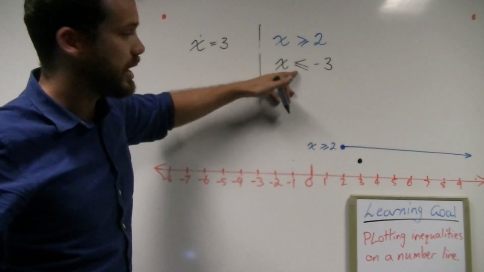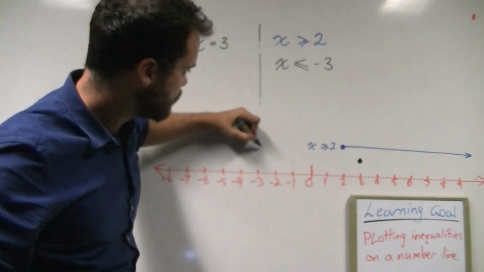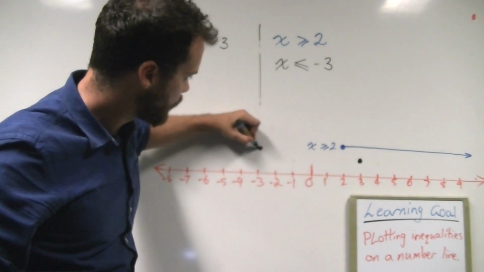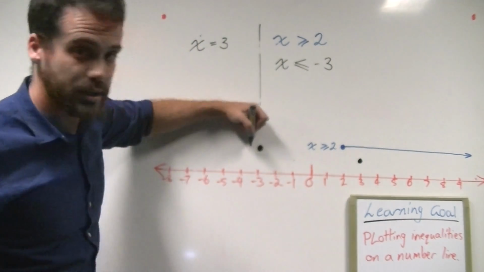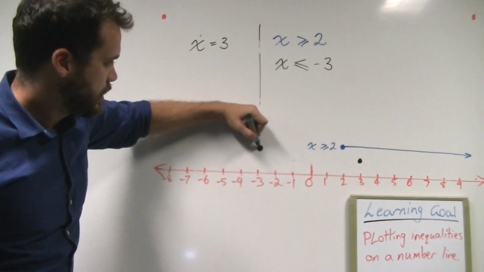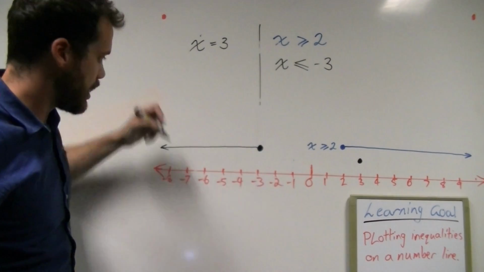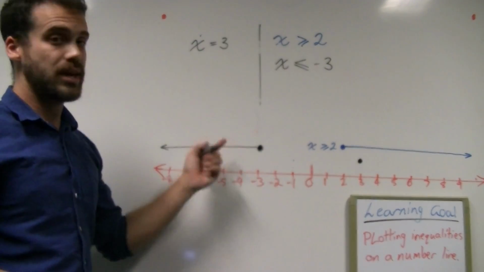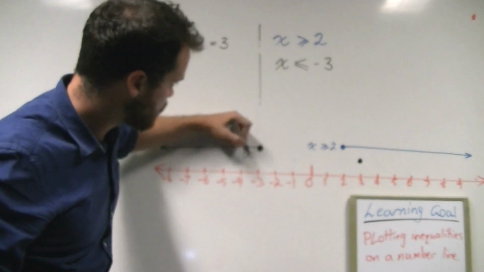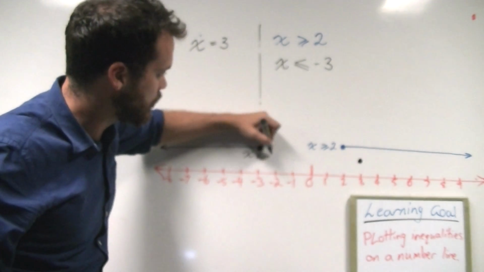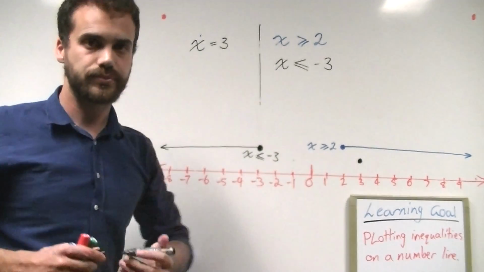So x is equal to -3, so here's my dot. Notice I'm colouring in that dot, that's important, we'll learn about why later. And an arrow that goes all the way this way. That's x is less than or equal to -3.